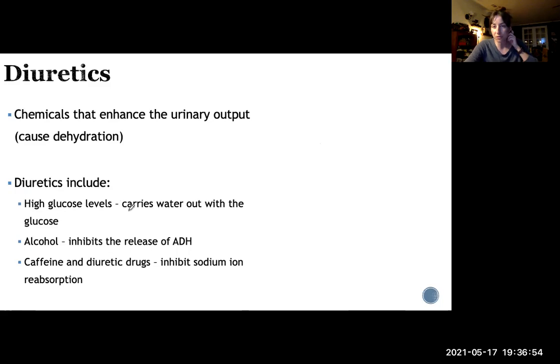If you have high glucose levels, then we're talking about osmosis. So if you have a high concentration of solutes in your blood, then the water kind of wants to go there. It kind of wants to go to where the solute concentration is highest, right?